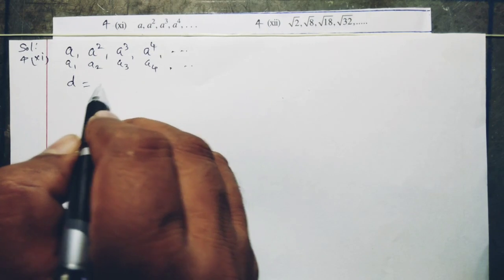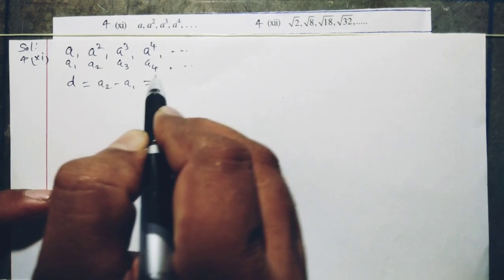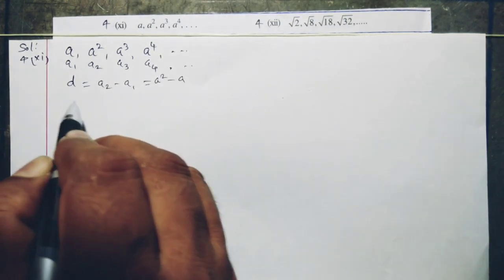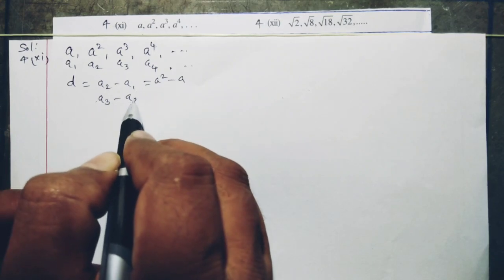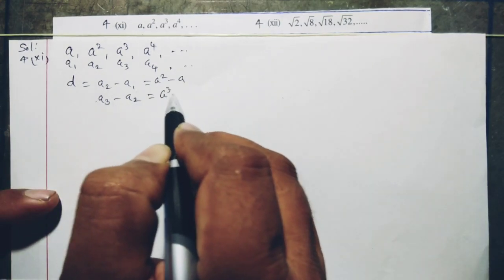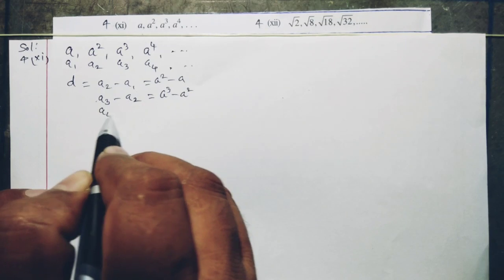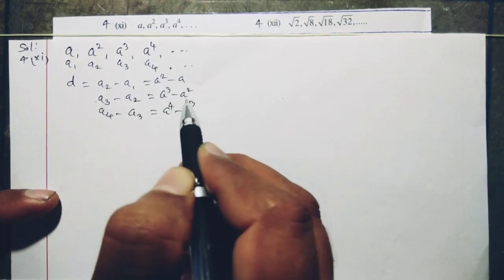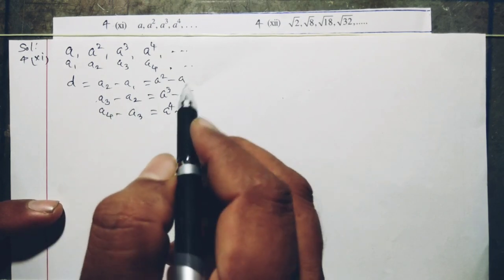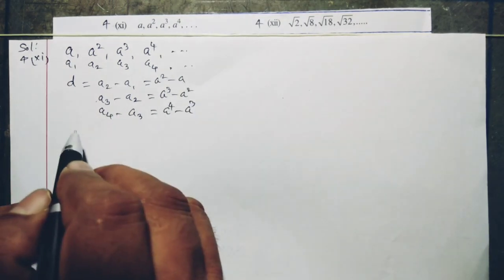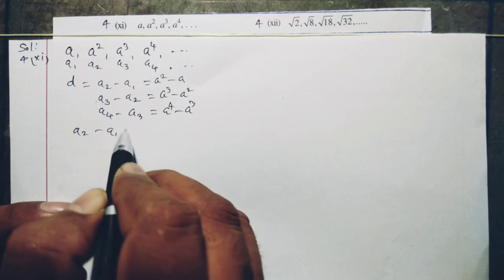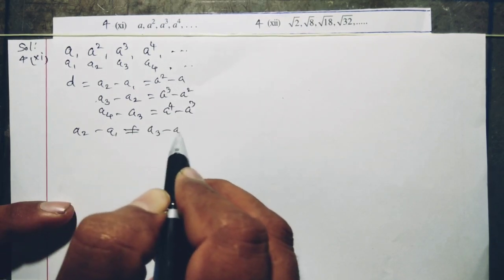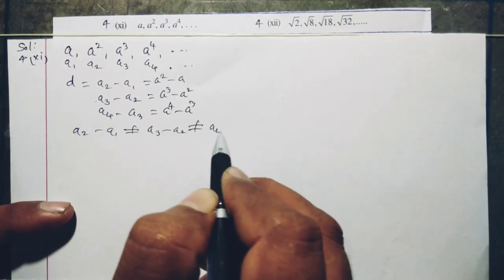Common difference d is a2 minus a1, a cube minus a square, a4 minus a3 is a to the power of 4 minus a cube. So these common differences are not the same. a2 minus a1 is not equal to a3 minus a2, which is not equal to a4 minus a3.